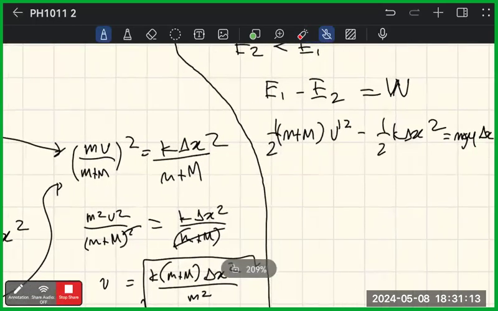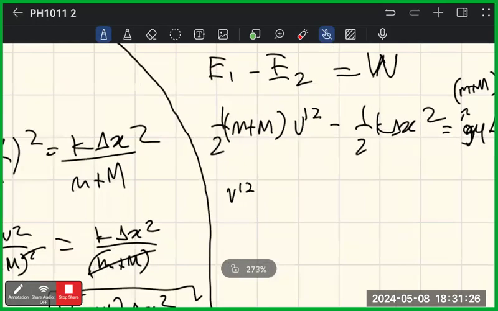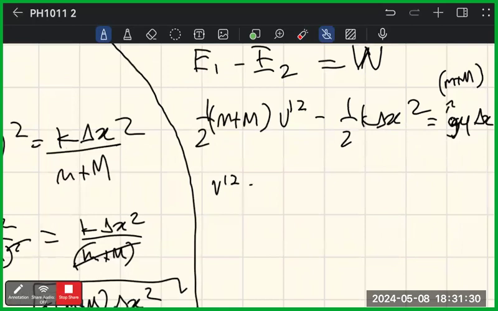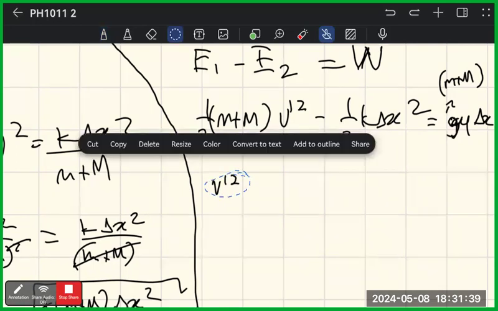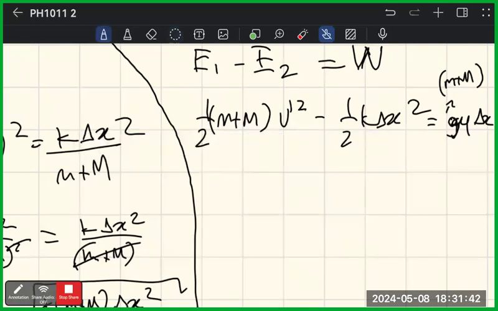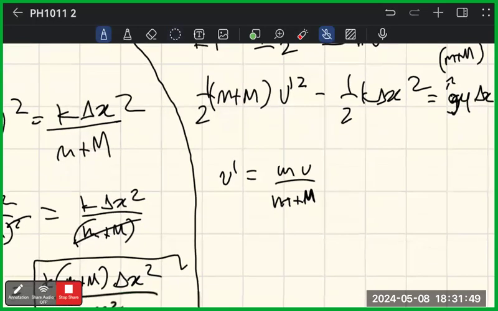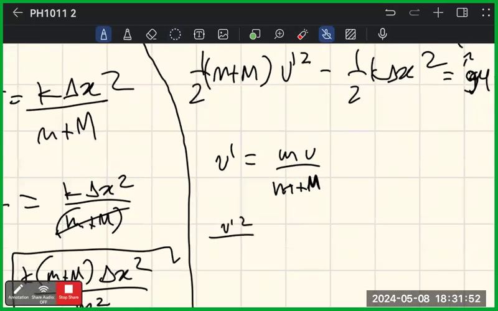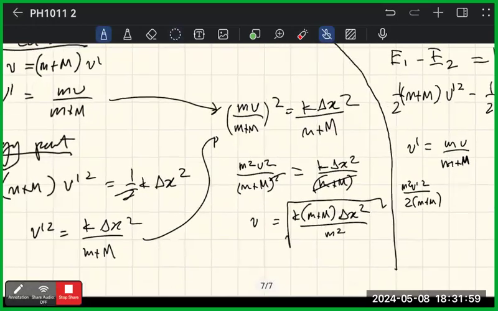Sorry, the mass here is m plus M, not just m, because it doesn't fit otherwise. So we should plug in phi prime equals m phi over m plus M, and phi prime squared over 2 gives m squared over (m plus M) squared.